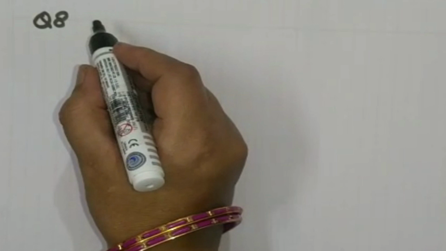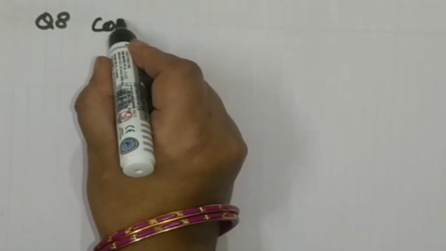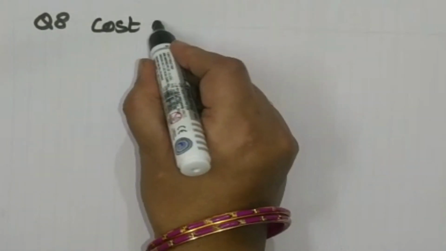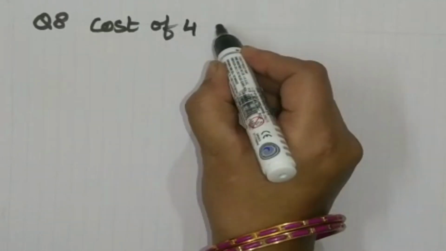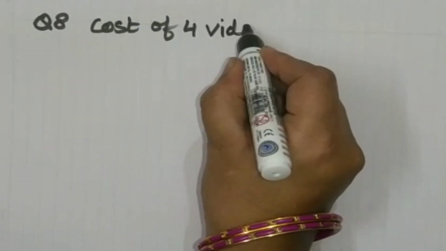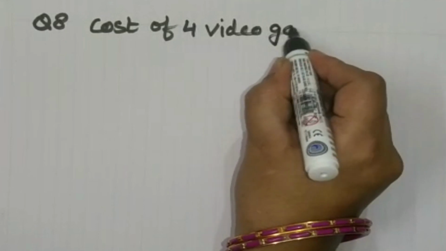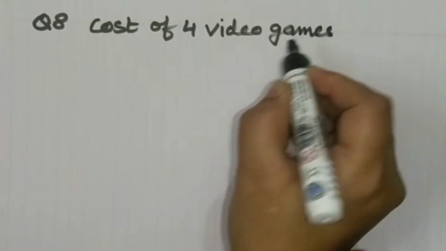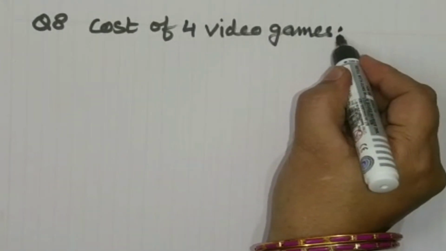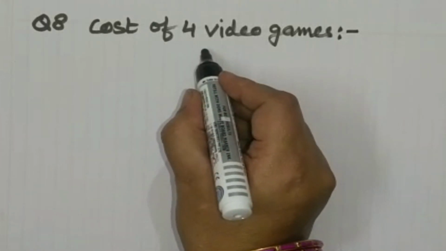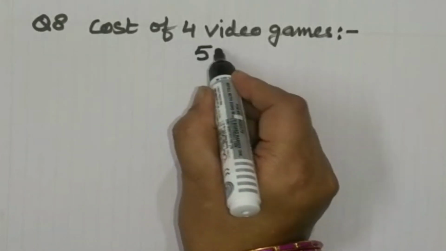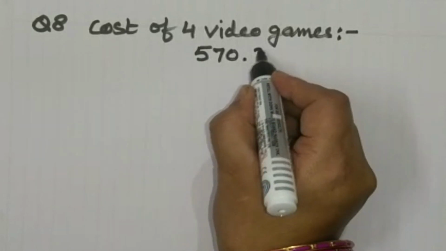Cost of 1 video game. So we can find the cost of 4 video games. The cost of 1 video game is 570 rupees 20 paisa.